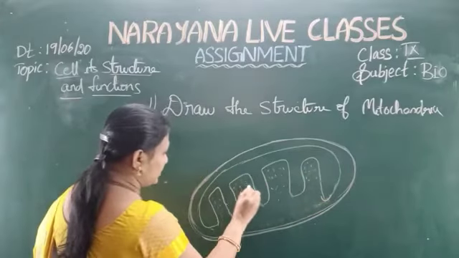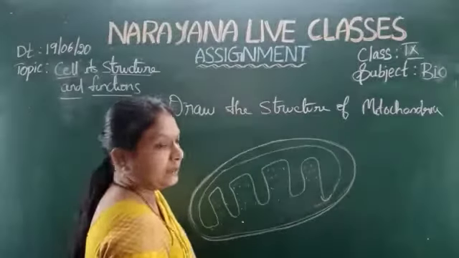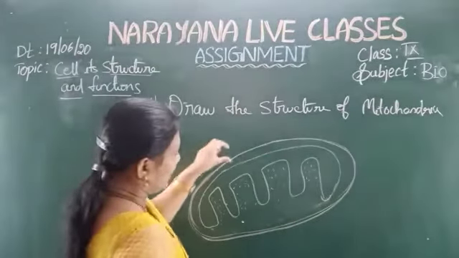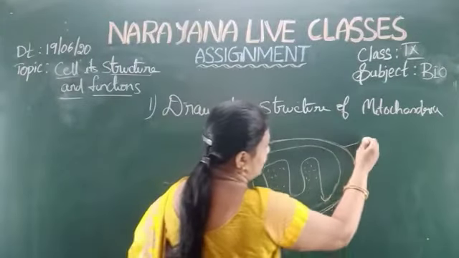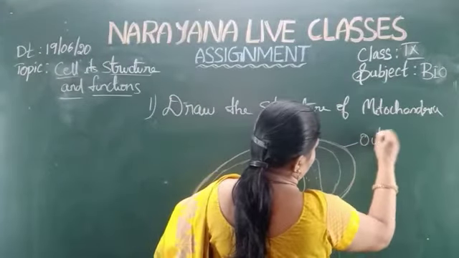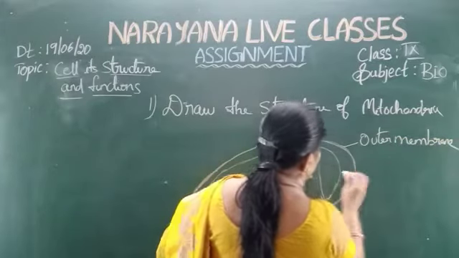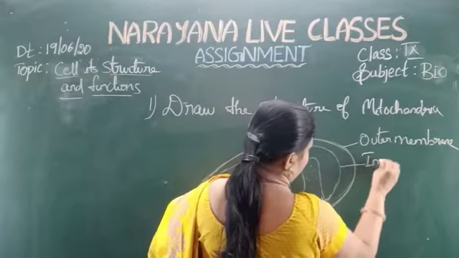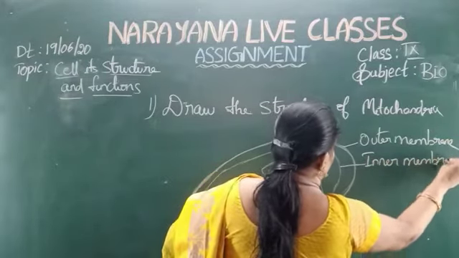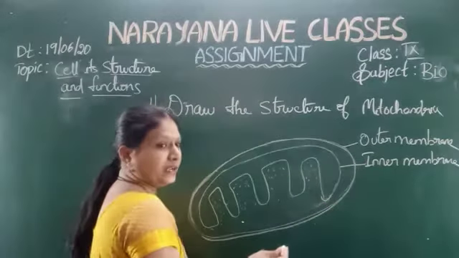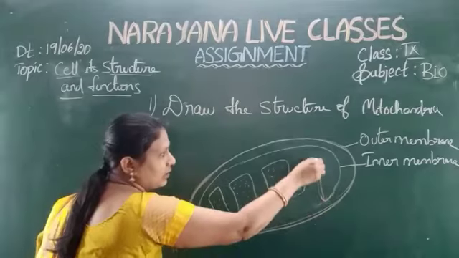So this is the structure of mitochondria, and label its parts. When you take mitochondria, it contains the outer membrane and the inner membrane. The inner membrane undergoes foldings.